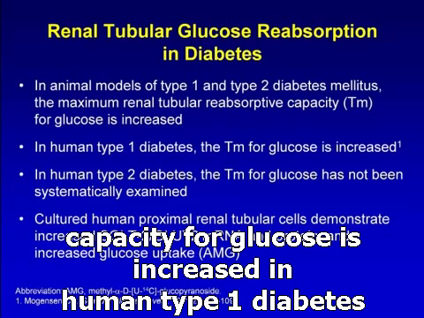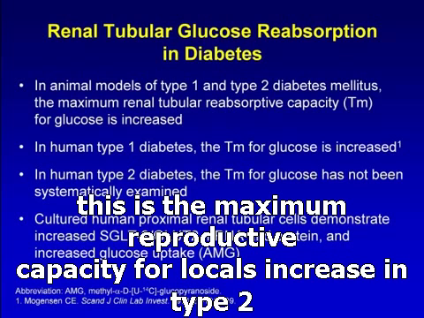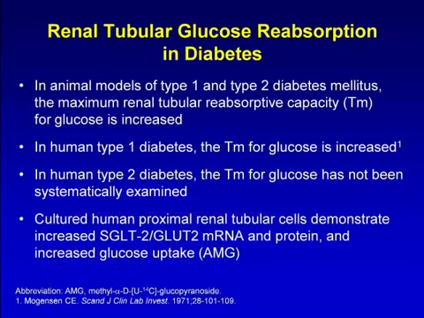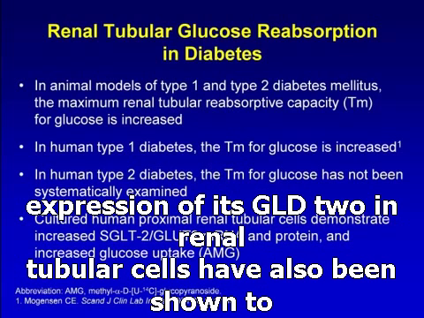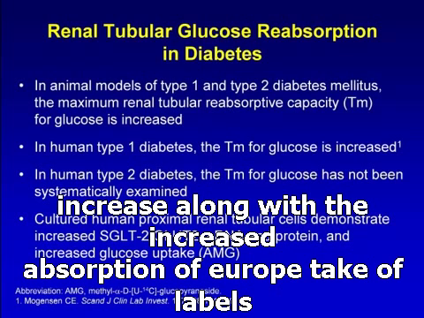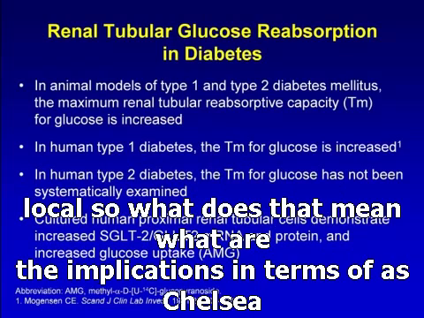In human type 1 diabetes, the maximum reabsorptive capacity for glucose is increased. In type 2, we assume it is increased, but it has not been systematically examined. The mRNA expression of SGLT2 in renal tubular cells has also been shown to be increased, along with increased reuptake of labeled glucose.